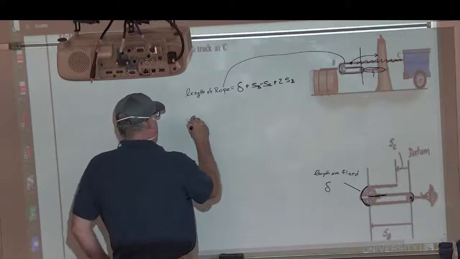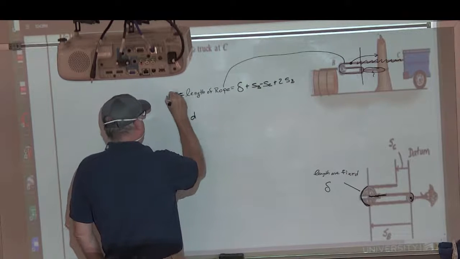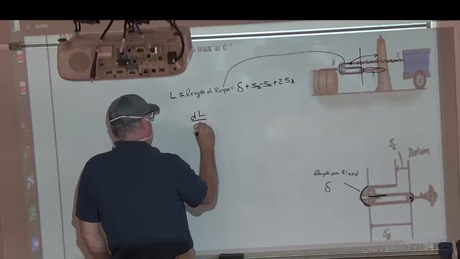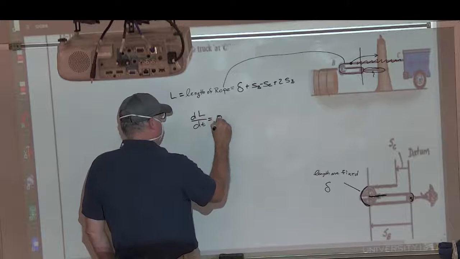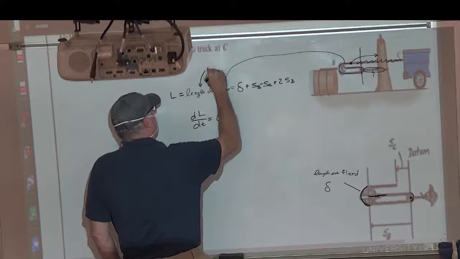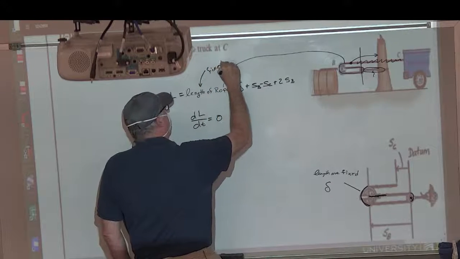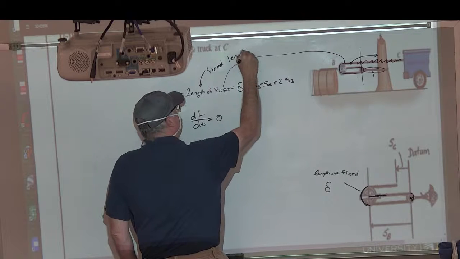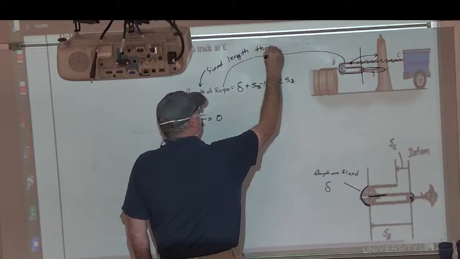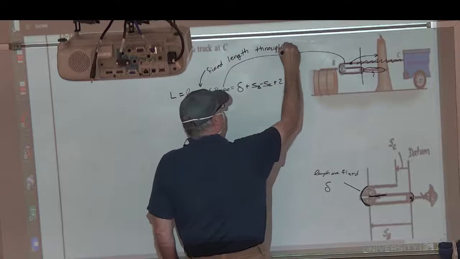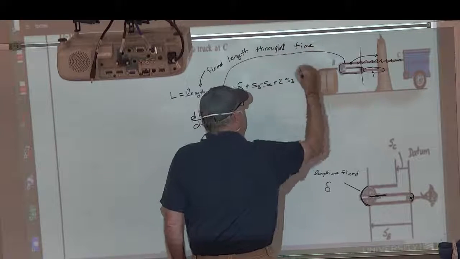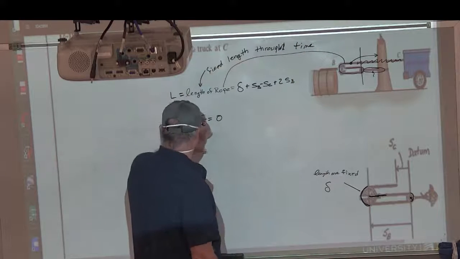Now, you can take the differential, I guess I'll call it L, of L with respect to time. It doesn't change. Fixed length through time. So we have a fixed length through the time.